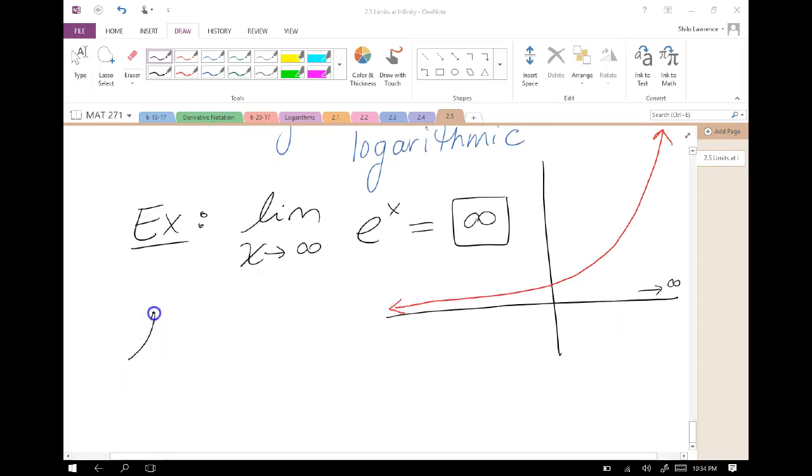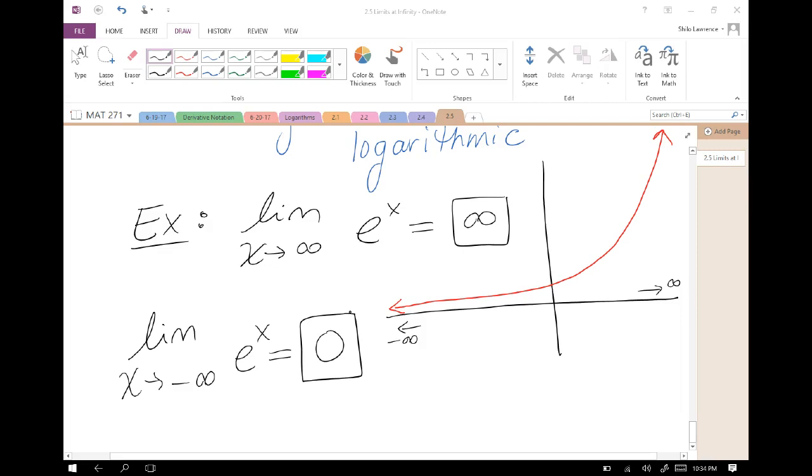But on the left-hand side, the limit as x approaches negative infinity for e to the x, this direction is where it's going to negative infinity. On the left-hand side, it's flattening out and getting really, really close to the x-axis, which has a y value of 0.